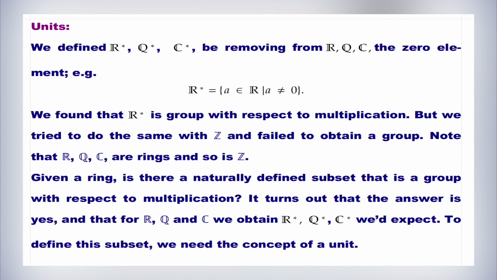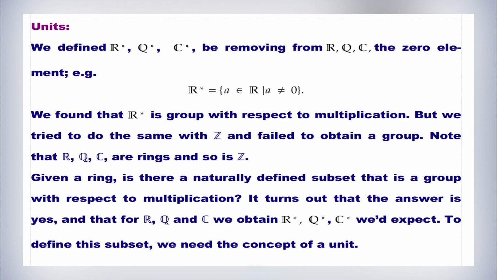We found that R* is a group with respect to multiplication. But we tried to do the same with Z and failed to obtain a group. Note that R, Q and C are rings and so is Z. Given a ring, is there a naturally defined subset that is a group with respect to multiplication?